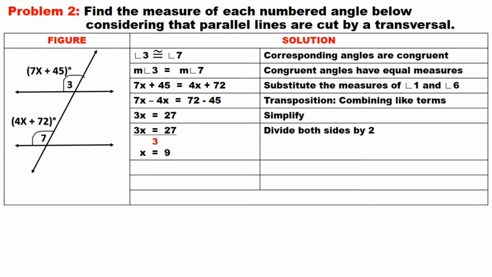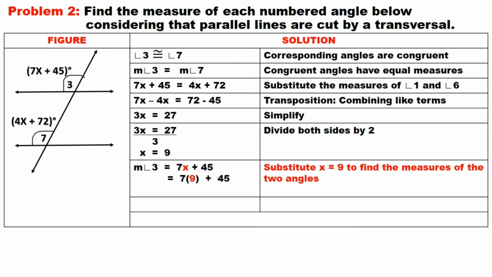To eliminate 3 from x, we will divide both sides by 3. 3x divided by 3 is x, 27 divided by 3 is 9, so x equals 9. Next, we will substitute 9 to x to find the measure of the two angles.